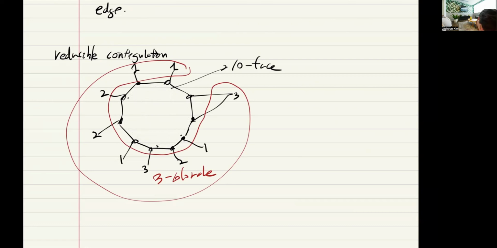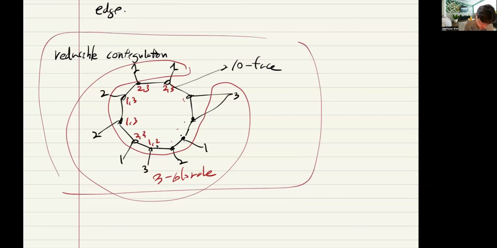Now, each vertex has to be colored with 2 or 3, 2 or 3, 1, 3, 1, 3, 2, 3, 1, 2. You have a list of size 2 on each vertex. And then you know that the even cycle is 2-choosable, 2-list-colorable, so you can complete your coloring. So that's a proof that this is indeed a reducible configuration.